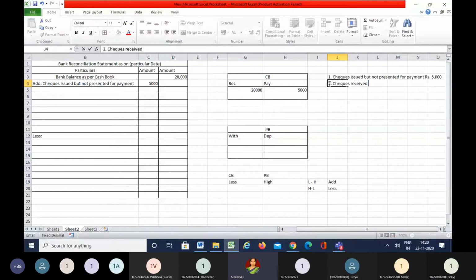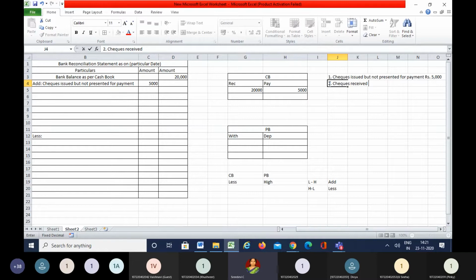Cash book. Please all of you bear in mind that whenever checks are issued or received, the first record is always given in the cash book only, because when you issue, immediately you write in the cash book, and when we receive, immediately we deposit them in the bank. Once you deposit that into the bank, immediately you make an entry in the cash book.